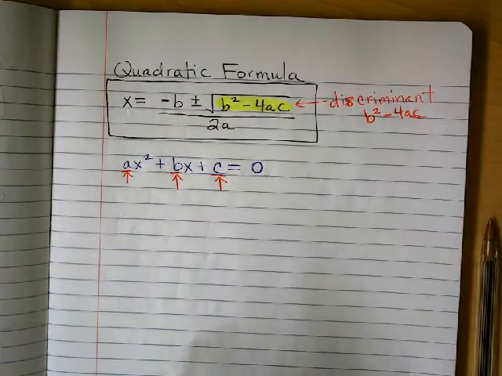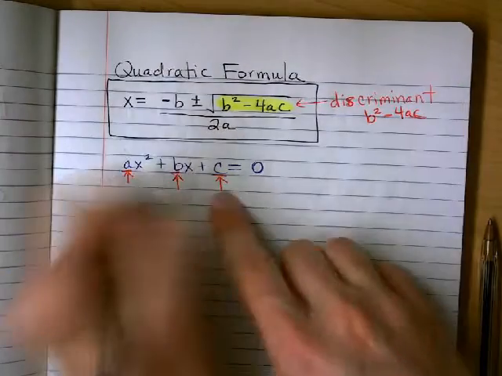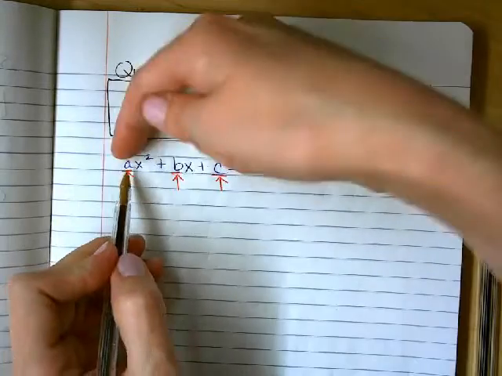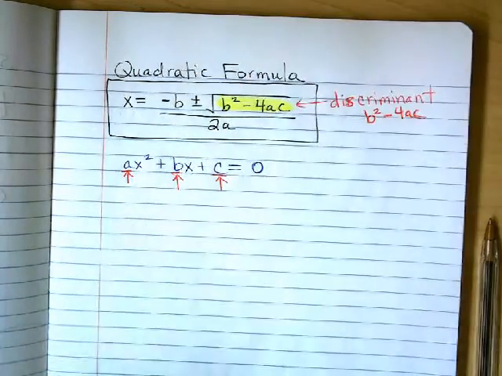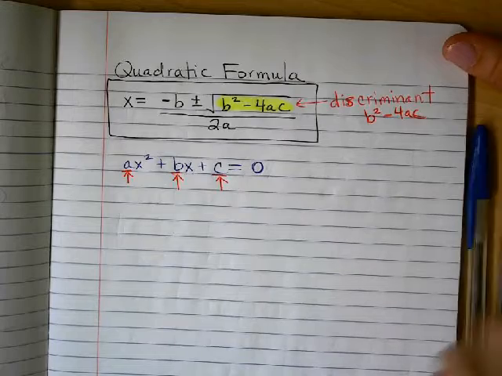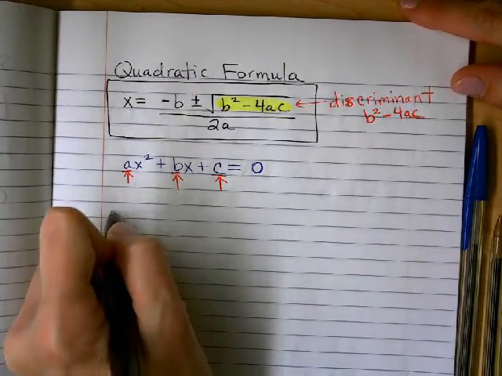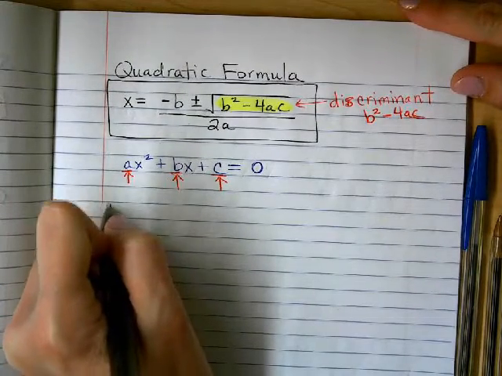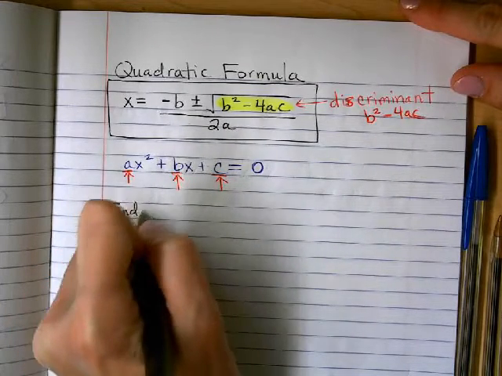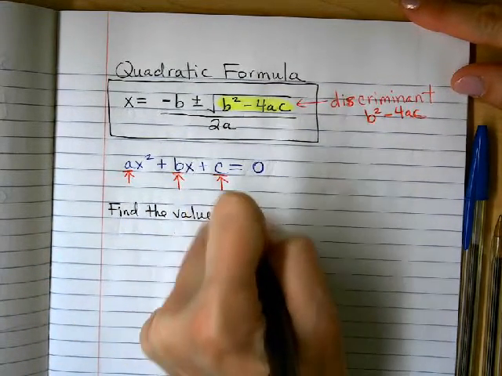So let's try one. They'll give you an equation and you have to be able to figure out what A, B, and C are so you can use the formula. Let's say I gave you an equation that said, find the value of the discriminant.